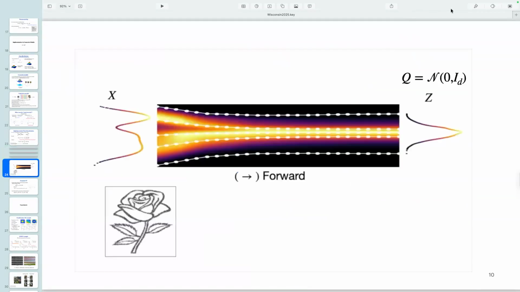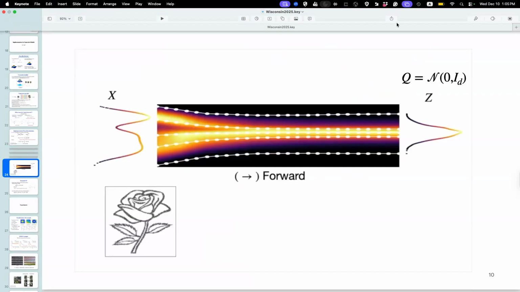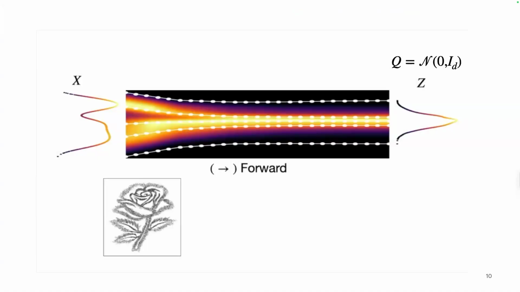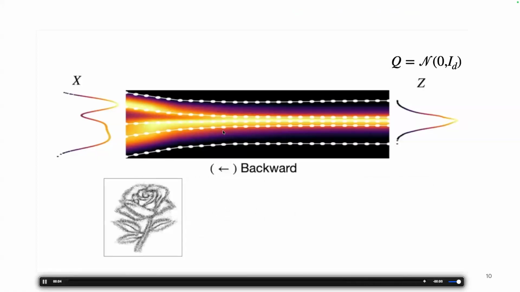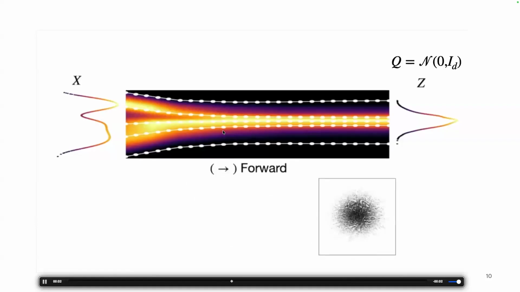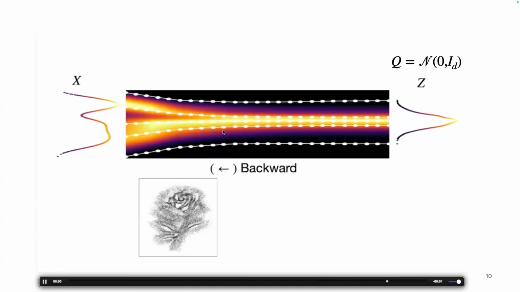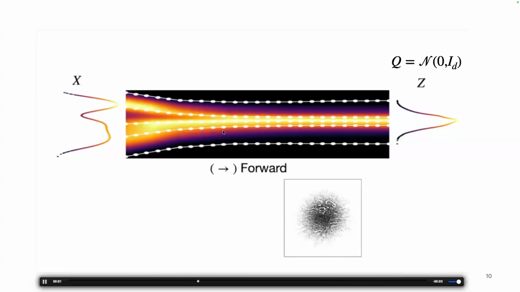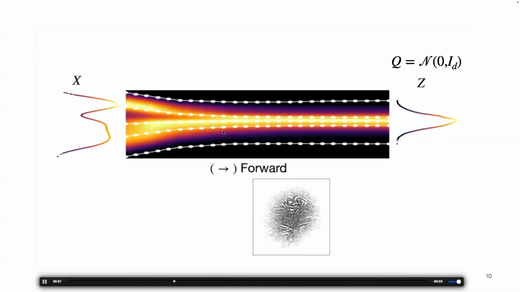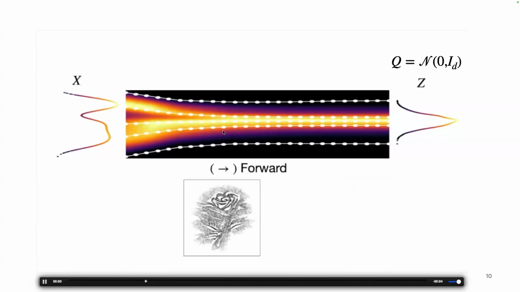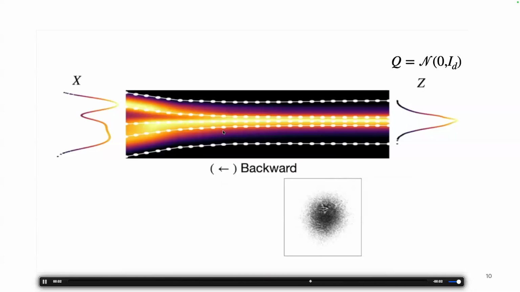Okay, now this is a demo. I think I have to run the movie. This is what typically happens in generative models. The last example is made by my student, who is very good at coding. You start with some complicated data distribution like roses, and then you can apply a sequence of these little transformations, and each of these is going to move the points on the roses a little bit, and it's going to convert into some target.